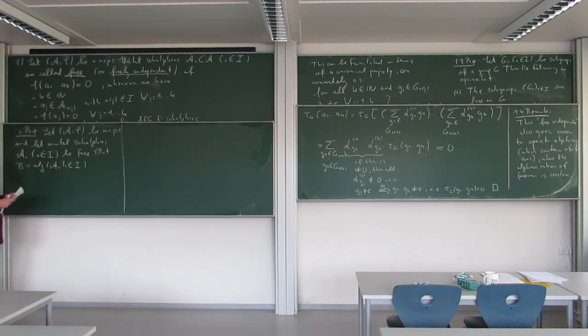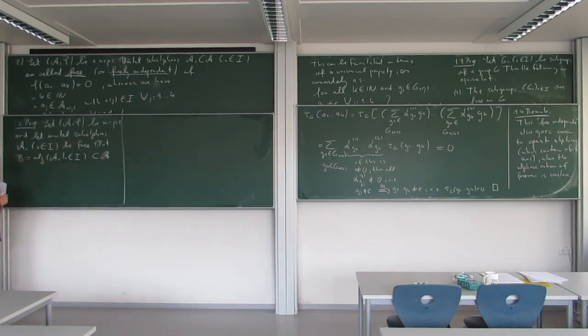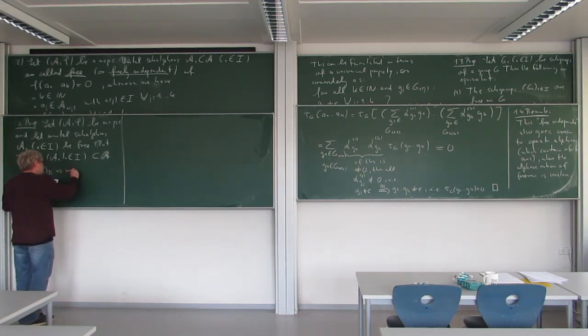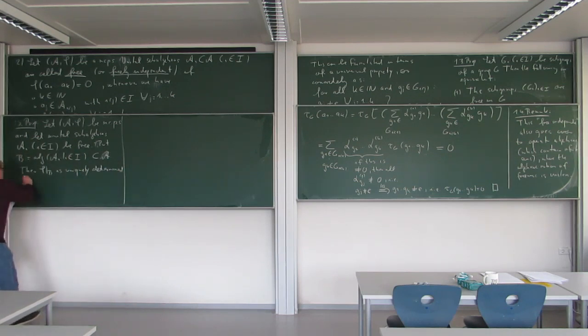Of course, it's a unital subalgebra of A. Well, the claim is now that the value of phi on this B is determined by the value on the subalgebras and this freeness condition. So then phi restricted to B is uniquely determined by the knowledge of phi restricted to each of the A_i's.